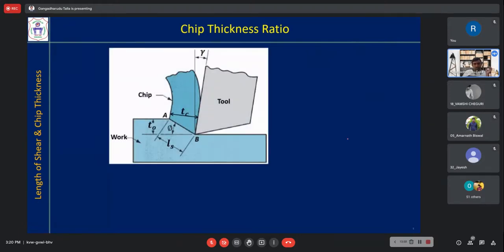So those are the assumptions. Now let us try to analyze this orthogonal cutting process. As I told you, t0 is uncut chip thickness. Ls is the length of the shear plane, from this point to this point. tc is cut chip thickness, or simply chip thickness.